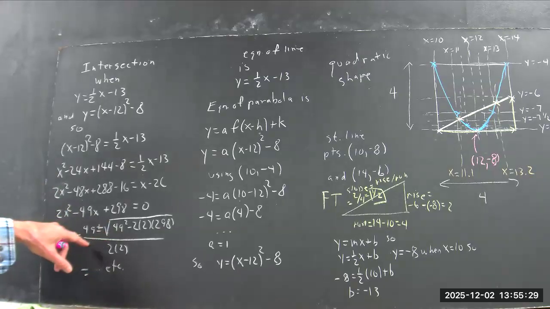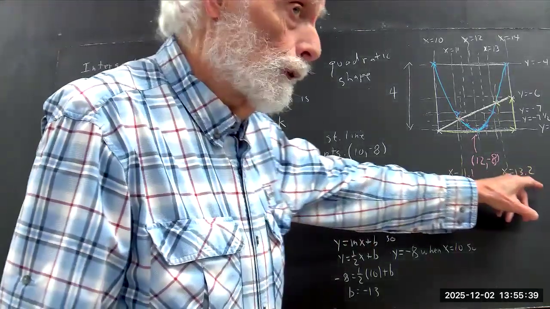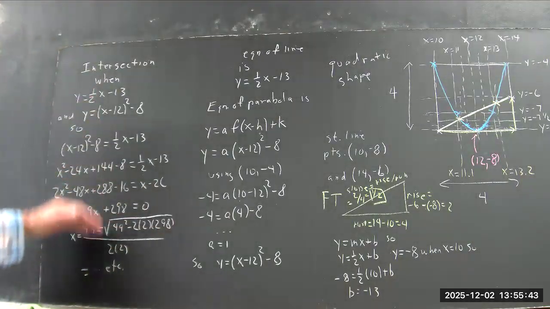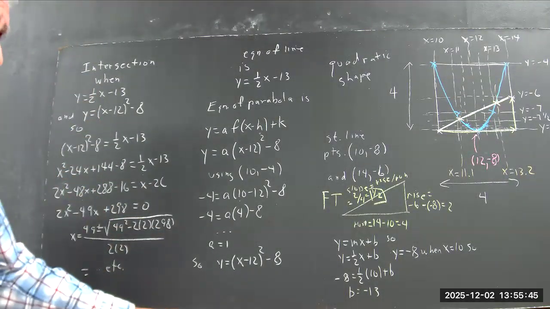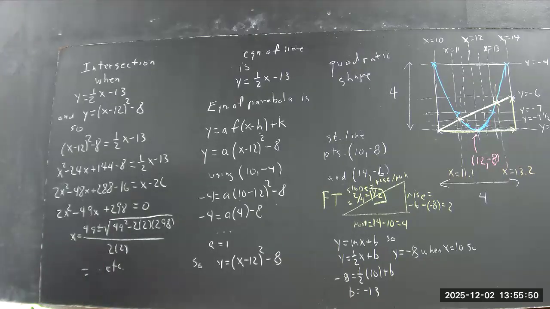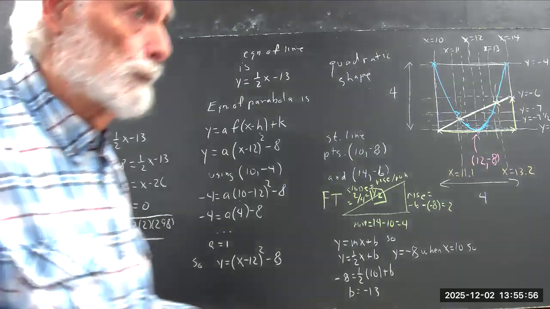We're out of time, so I'm not going to simplify this, but I'll pin it on the end of the video. And what we should get is something pretty close to 11.1 and 13.2. So I'll do a little more explanation of these steps in the video. We're over time. I don't want to hold you up any longer. Although if you want to stick around and watch me append it, you're welcome. But if you got to go, please go on. I'll put it onto the video.